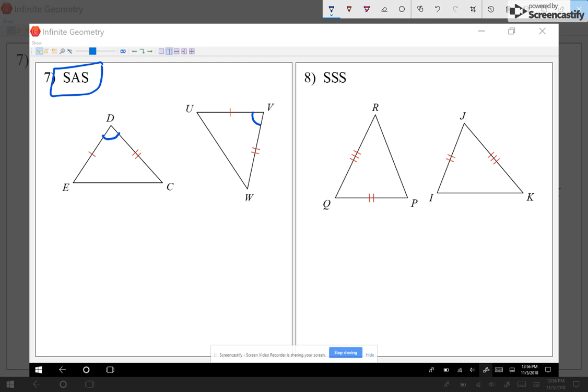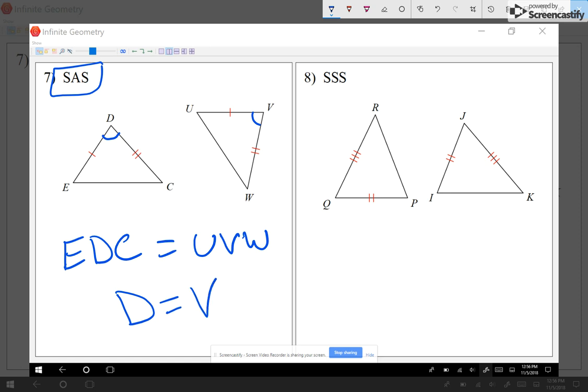So the way I'm going to write this will be EDC equals UVW. Now in this case, I could have just said angle D equals angle V. Because technically at D, there's only one corner. Technically at V, there's only one corner. When there are multiple corners, you cannot use one letter, but here we could.